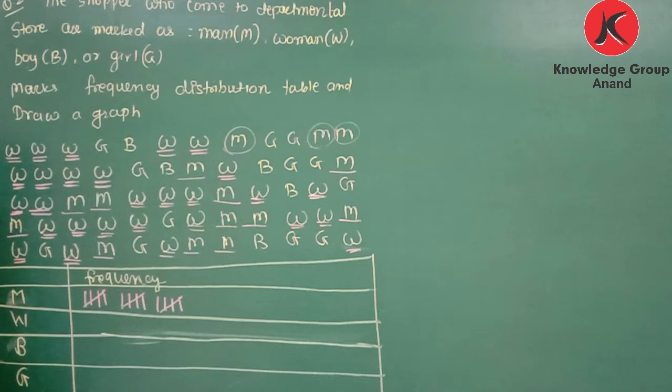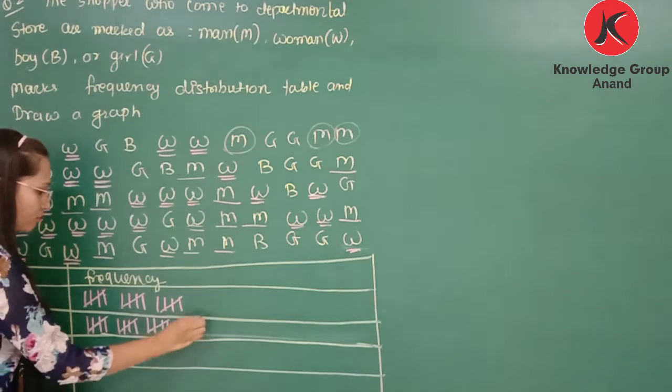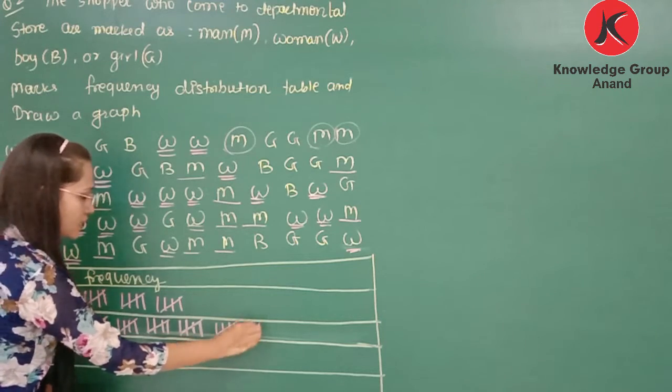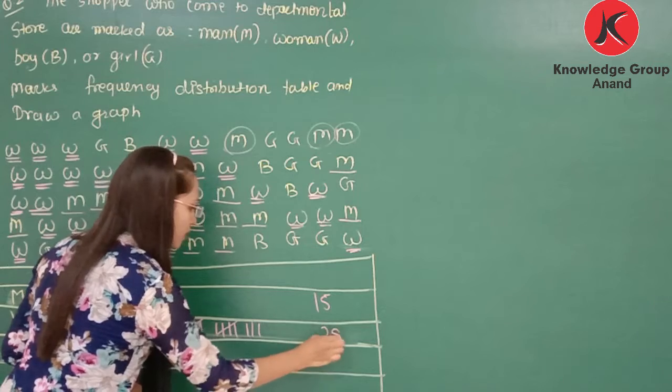So we need to draw 28 tally marks. 5, 10, 15, 20, 25, 26, 27 and 28. So this is 15, this is 28.